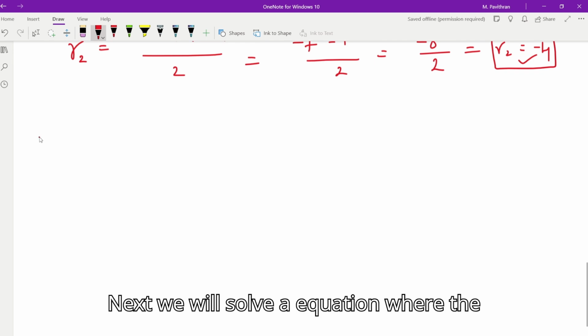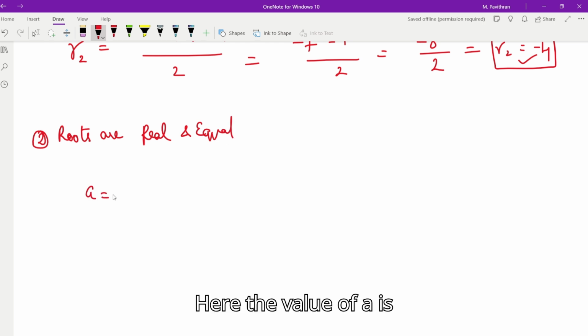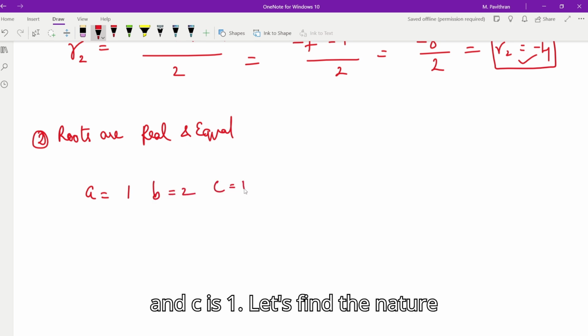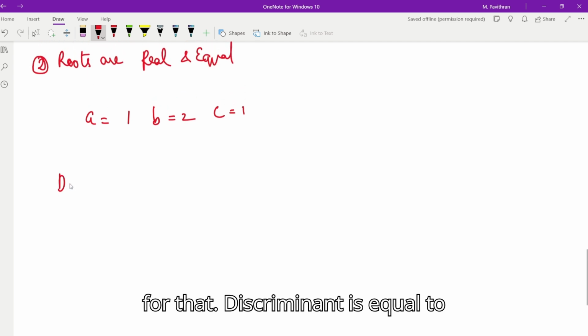Next, we will solve an equation where the roots are real and equal, right? Here, the value of a is 1, b is 2 and c is 1. Let's find the nature of the roots. Let's find the discriminant for that.